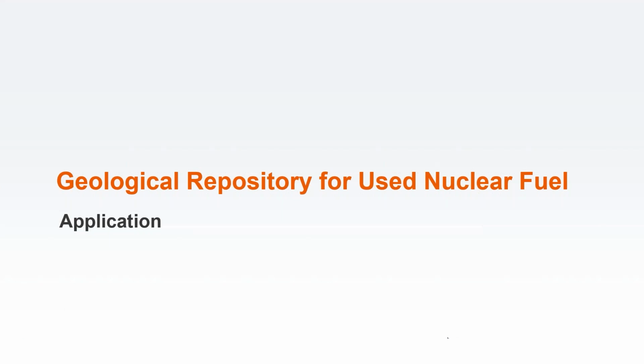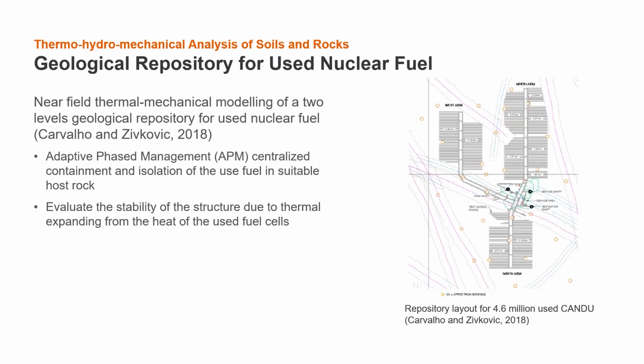Another example I'm presenting today is to evaluate the stability of a geological repository of used nuclear fuel. In this example, we back calculated the design from Cavagno and Zikovic for the Nuclear Waste Management Organization for long-term management of Canada's used nuclear fuel.